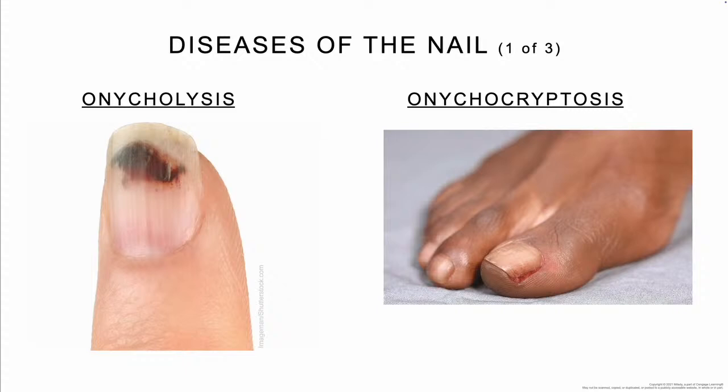In that word, you see crypt and toe. Crypto, I got a crippled toe, cryptosis. Don't ever try to learn how to spell it. Just know when you see it and when you hear it what it is, okay? Got that one? Those two were easy, right? Onychocryptosis and onycholysis.